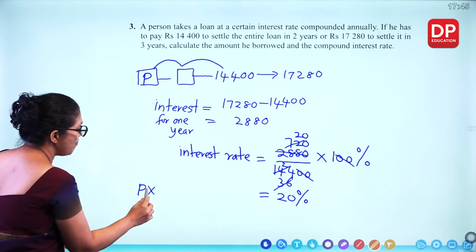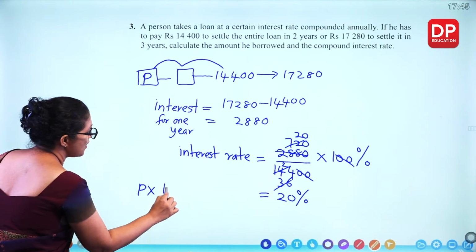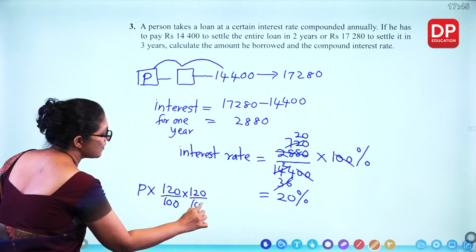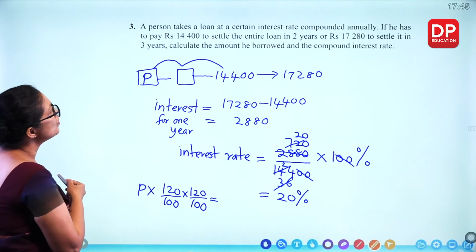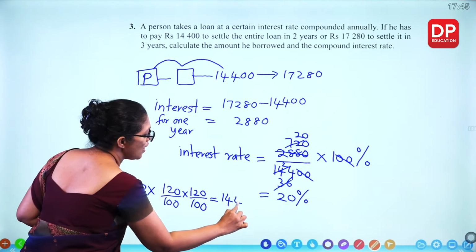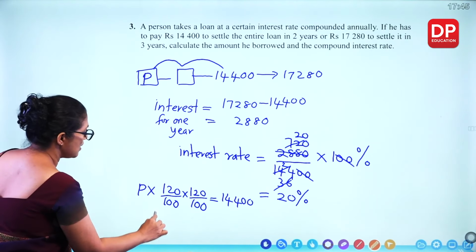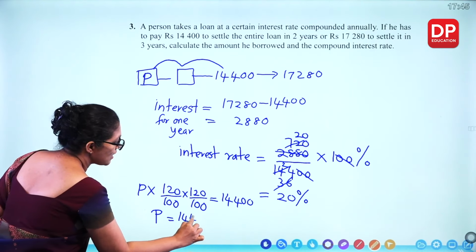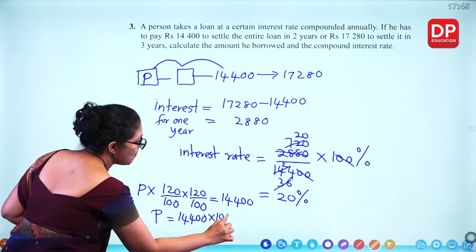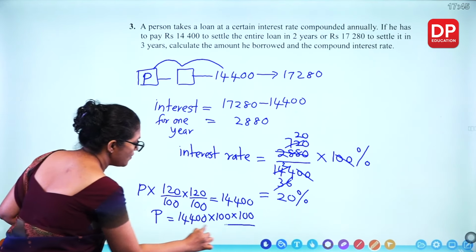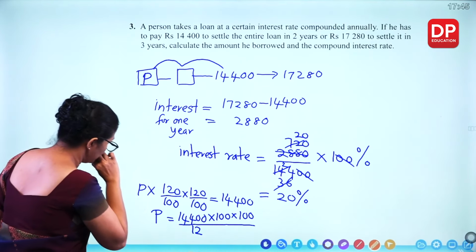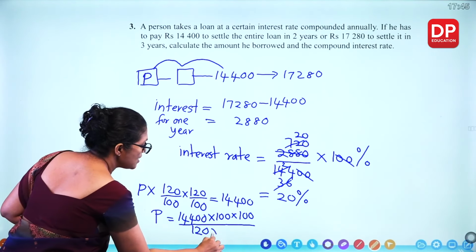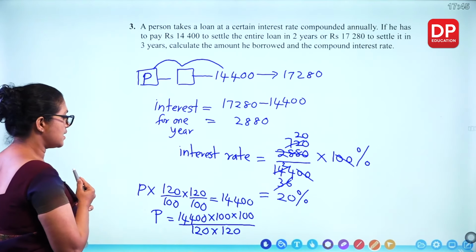So we can write down P into 120 over 100 into 120 over 100 is equal to 14,400. So what's the borrowed money? P is equal to 14,400 multiplied by 100 and another 100, divided by 120 times 120.